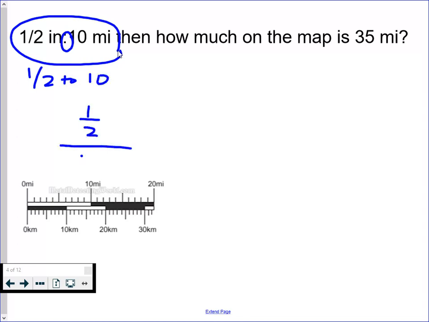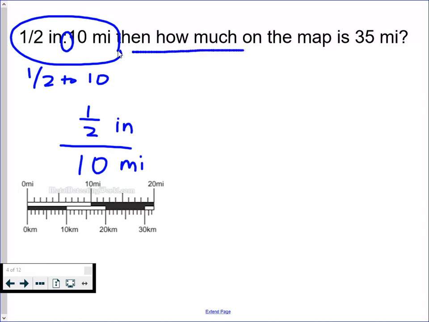Or we could write it in the form of a fraction, which is actually most people's preference to solve. ½ inch to 10 miles. So every ½ inch on the map is worth 10 miles in real life.